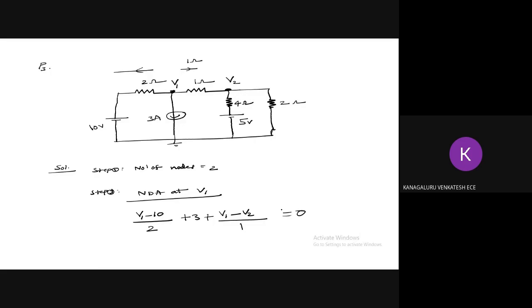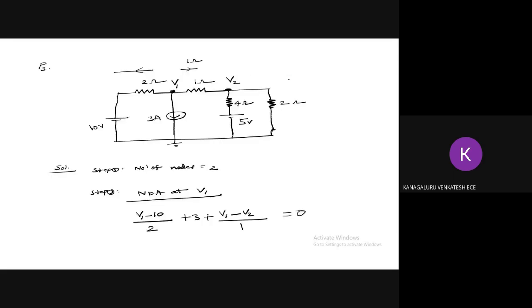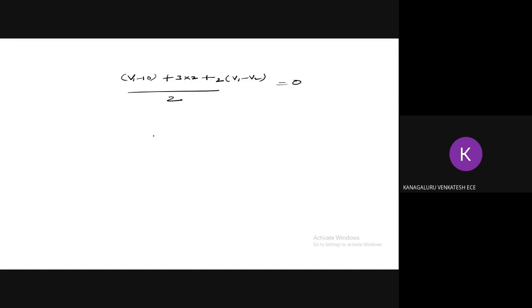Just simplify that. What do you get? LCM is going to be 2. V1 minus 10 plus 3 into 2 plus 2 into V1 minus V2 equal to 0. Am I right? That's correct. Therefore, just simplify this.